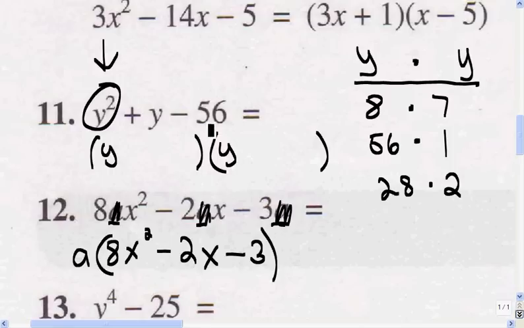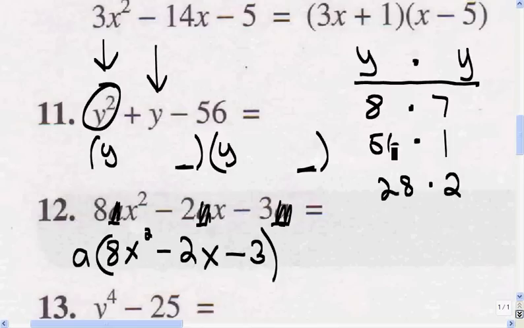Now, the other factors, the way I determine which factor I'm going to use in the second place of the parentheses is by subtracting or adding. See, when I subtract or add any of these terms, I've got to get a 1y, or a 1.